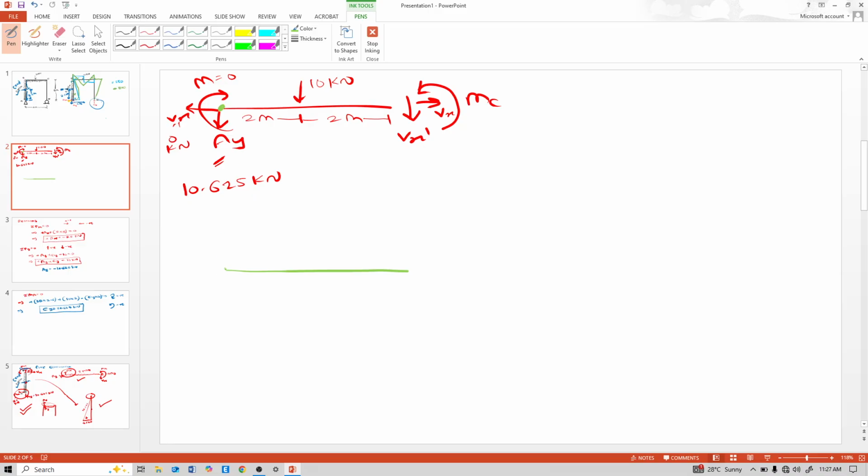The arrow is downward, so shear goes downward. Between this point and this point, a 2-meter distance, there is no load, so horizontal line. This 10 kilonewton goes downward. That means minus 10.625 minus 10, it is minus 20.625 kilonewton.